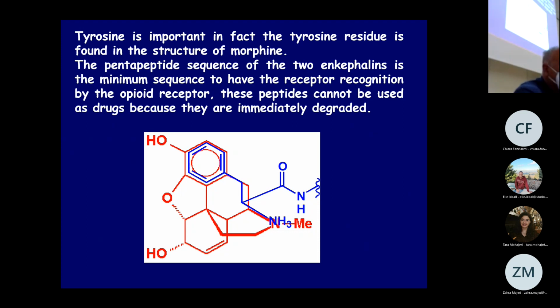In fact, we'll see how it is possible to simplify the chemical structure of morphine. We'll see that it is possible to have a more simple molecule with the same activity.